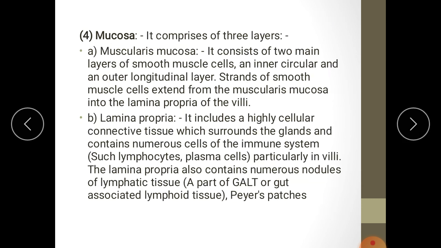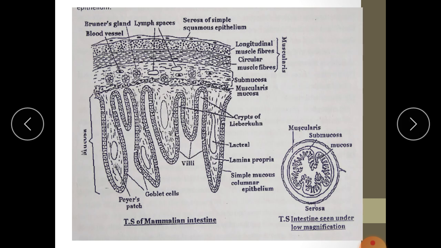Serosa part. Look here. So this is the outermost layer, serosa. This serosa layer is made up of simple squamous epithelium. Underneath the serosa layer, muscularis externa is there.